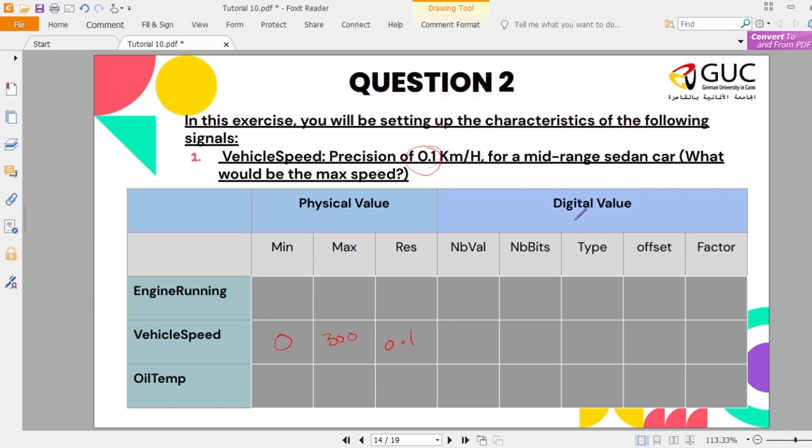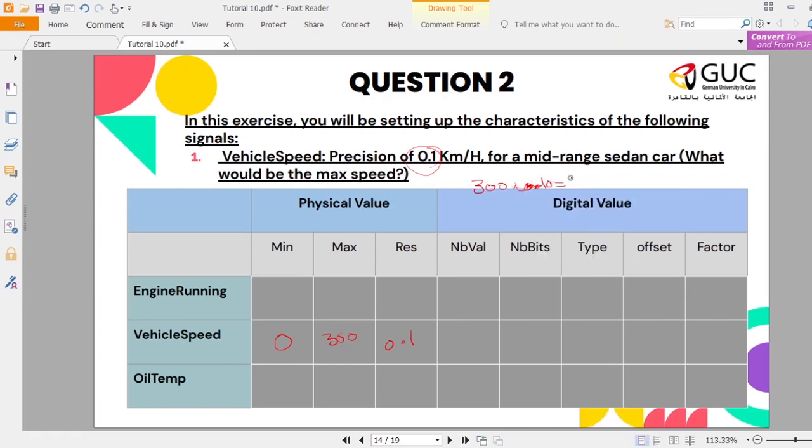Coming to the digital value, we just write this in a fancier way. The total number of values is 300 plus 0, right? So we can have 0, 0.1, 0.2, like that. We have 300 times, as we calculated in the previous question, 10, sorry, not 0.1.